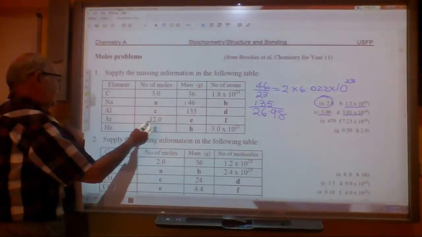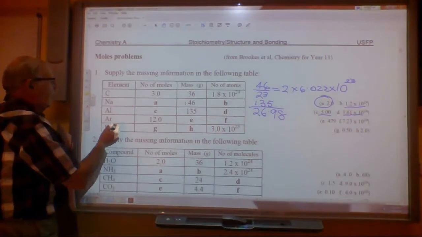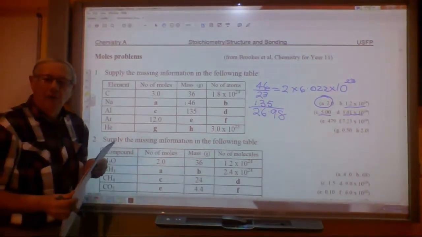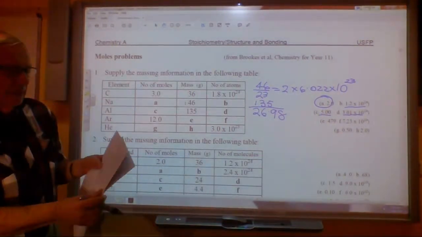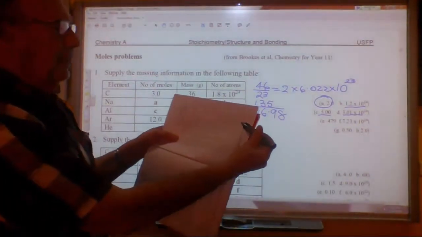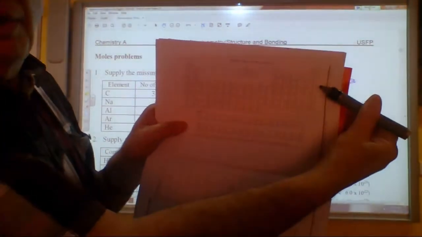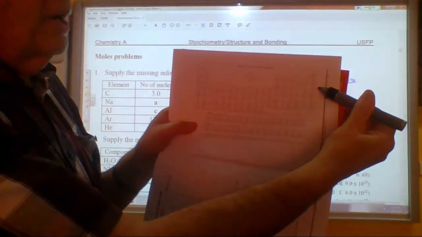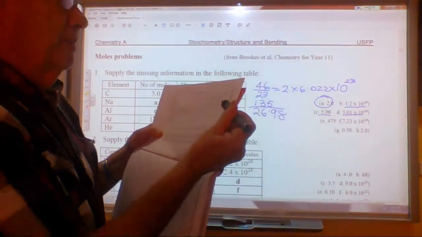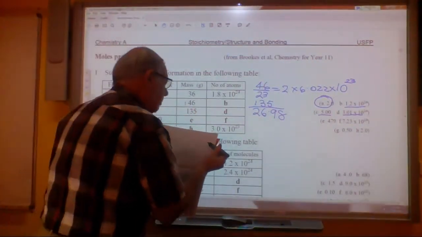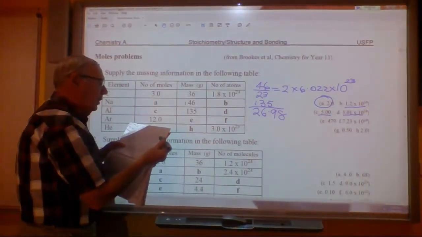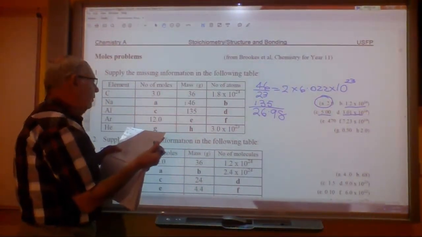The next one here, Ar, is argon. Now, argon is in this position in the periodic table over here, and you can see from your own periodic table that its molar mass is 39.95 grams.